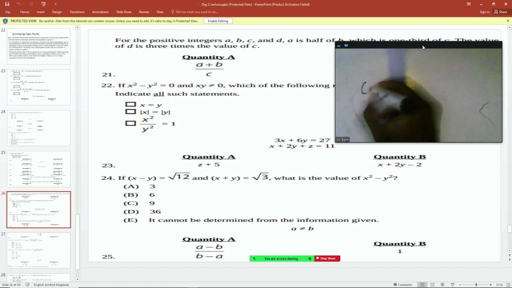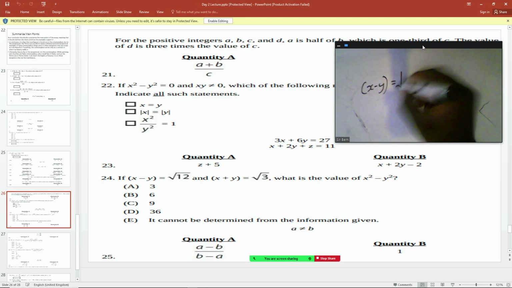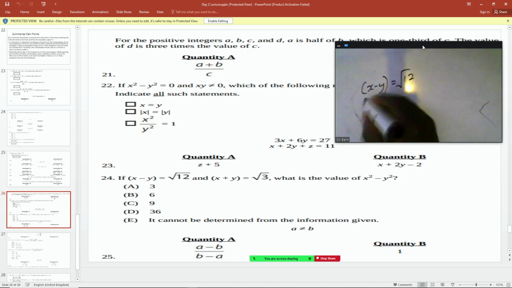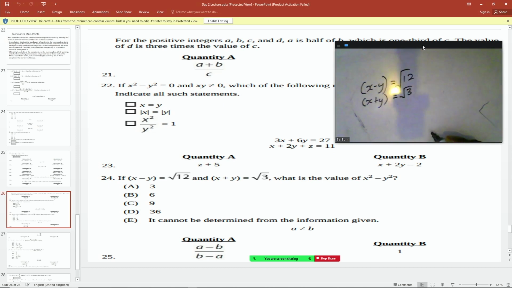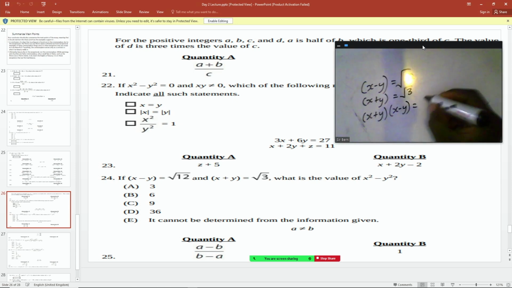We have x minus y is equal to square root of 12, then x plus y is equal to square root of 3. Then they're asking us for the value of x squared minus y squared. This is a difference of two squares. When we multiply these two, x minus y times x plus y, it will give us square root of 3 times square root of 12.